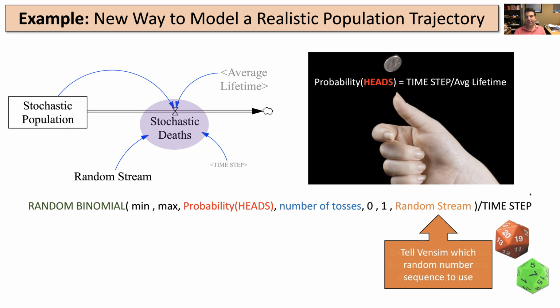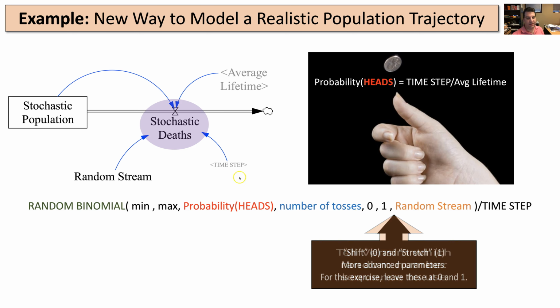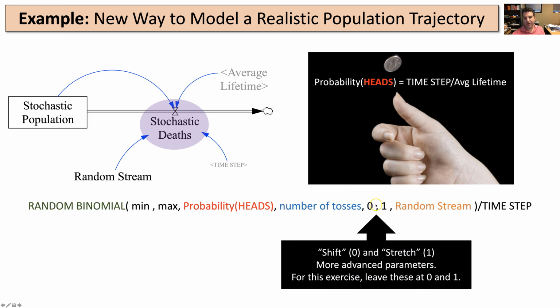Then there's this random stream, and I already mentioned that that's where you would put a number like 0, 1, 2, and that tells Vensim which sequence of random numbers it should use when it's throwing its equivalent of a 20-sided die, or even an infinite-sided die, in order to generate these random binomial outcomes. Then there are these parameters 0 and 1, which are known as the shift and stretch, and all of the Vensim random functions have these.